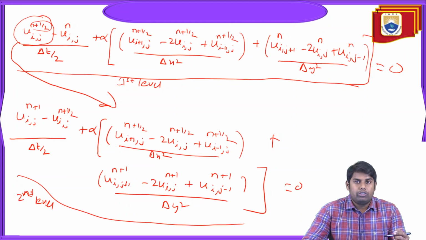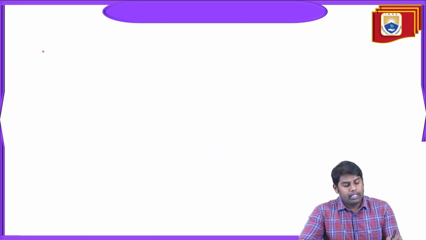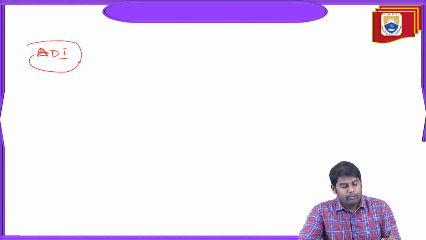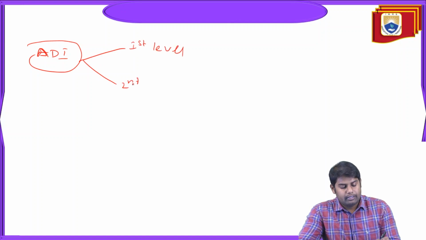So for one time step, we get the full values of the x direction and the full values of the y direction. That is why the ADI method is basically dividing into first level and second level.